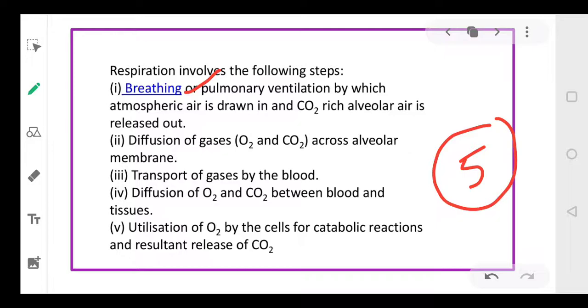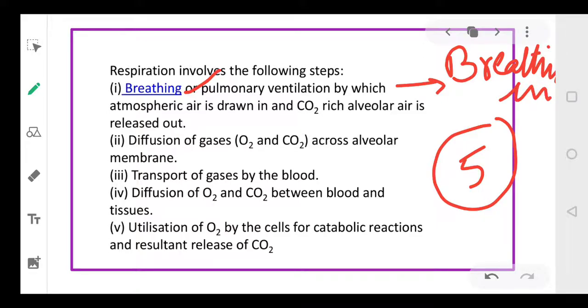Now breathing will have 2 steps. One is breathing in. आप सांस अंदर लेते हो, breathing in. And second we will have breathing out.